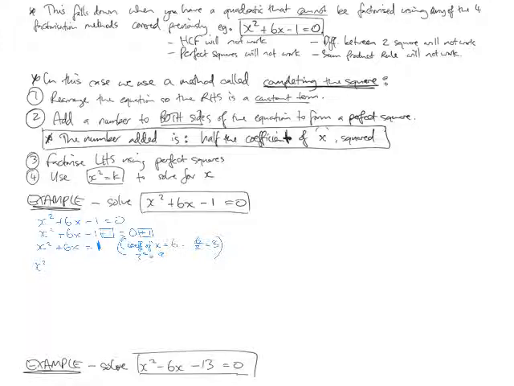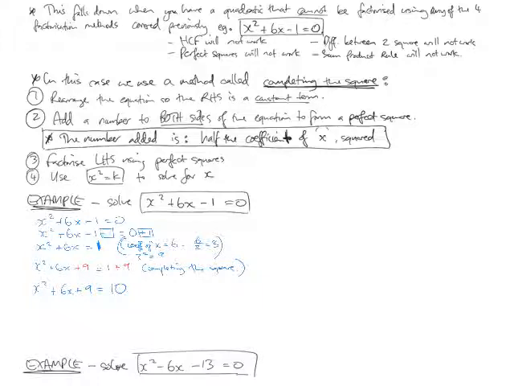So I'm going to do that in red. x squared plus 6x plus 9 equals 1 plus 9, to both sides, and that's going to complete the square. This is the completing the square step. So what will you end up with? x squared plus 6x plus 9 is equal to 1 plus 9, 10.